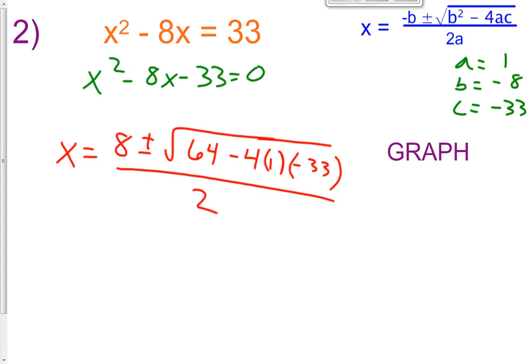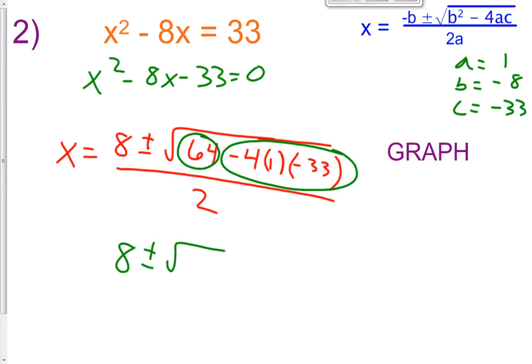So in our radical, we get a negative 4 times 1 times a negative 33, which is positive 132, and so it's 64 plus 132. Plus 64 in the parentheses, we should have got 196. So 8 plus or minus the square root of 196, all of that divided by 2 is what x equals.